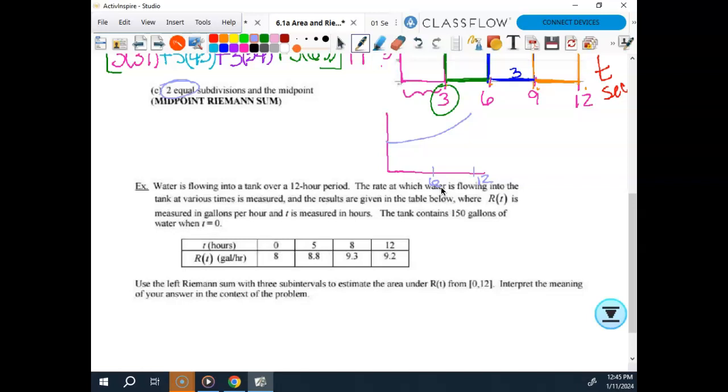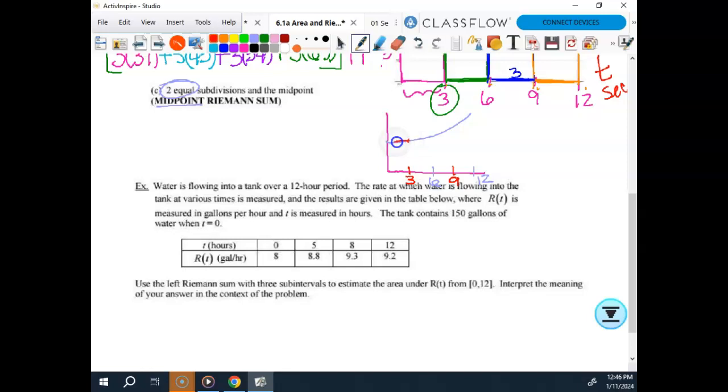But then the height is based on the midpoint, like it says right here. So halfway between 0 and 6 is 3. Halfway between 6 and 12 is 9, right? So instead of starting from the left or the right, you start from the middle. So at 3, I'm not going to drop a line down that time, but at 3 on the graph, that's my height.